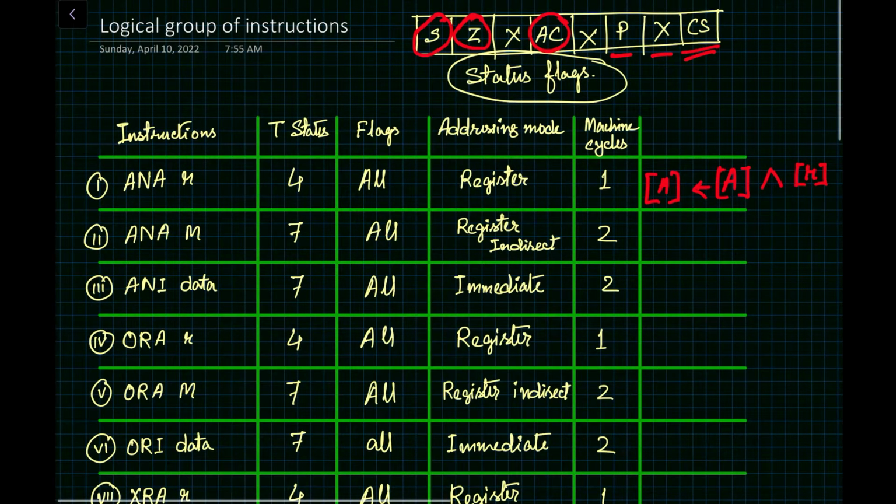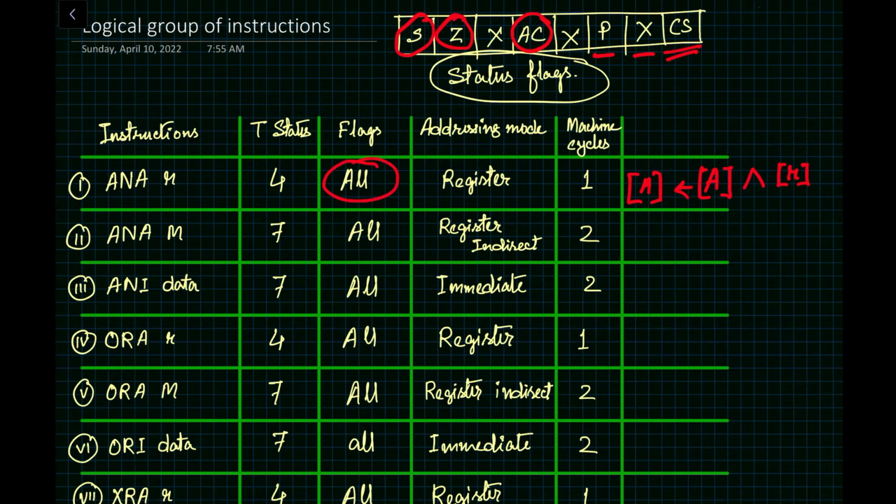And what about the flags? All the flags will be disturbed because we have 8-bit manipulation here. Here we need only one machine cycle and 4 T-states. Why only one machine cycle and 4 T-states? Because all the data is given in registers.